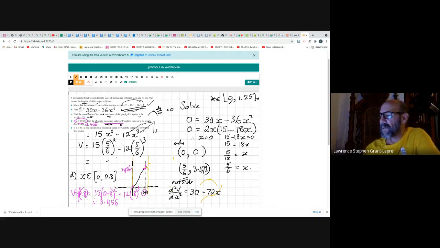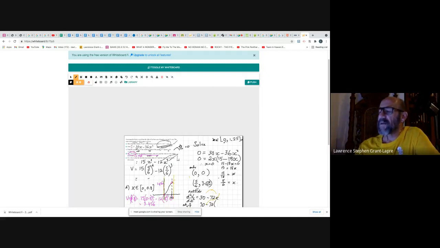Now, if you substitute 5/6 in here, at 5/6, we get 30 minus 72 times 5/6. Now, do we get a positive number or a negative number?